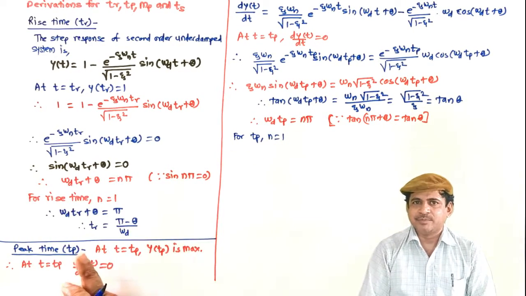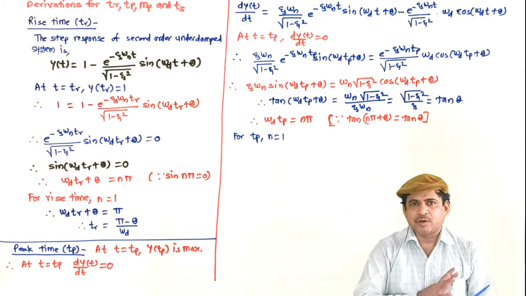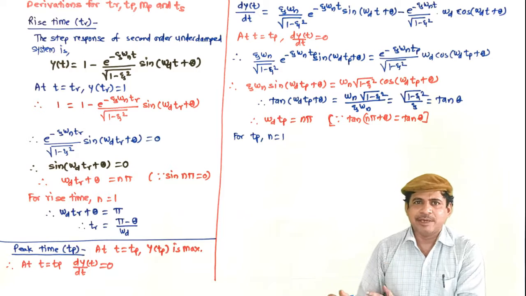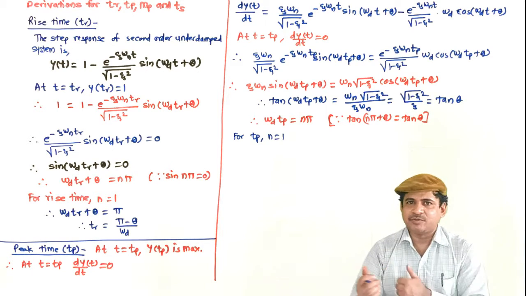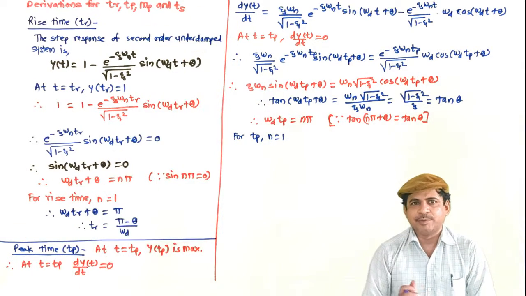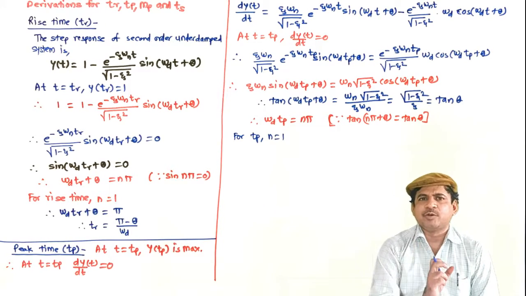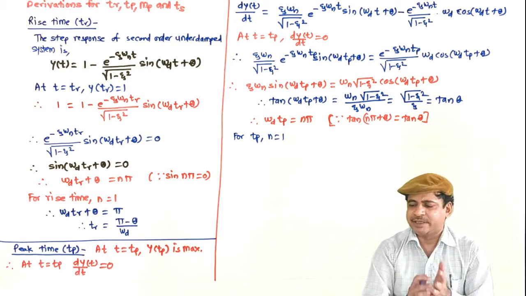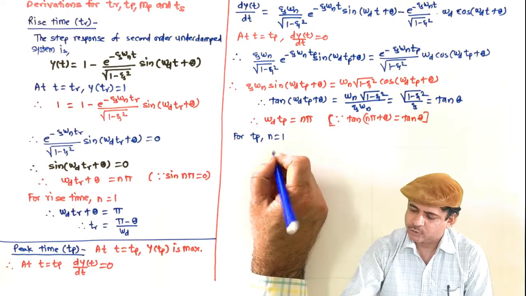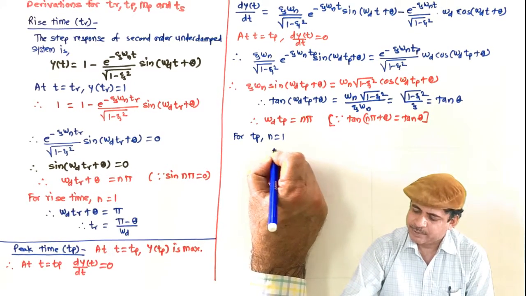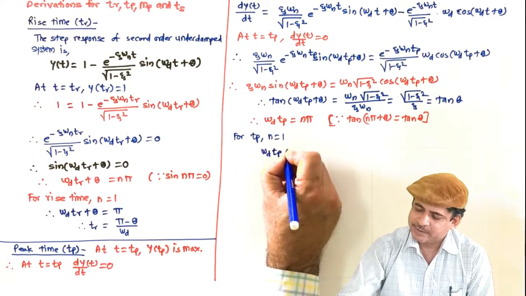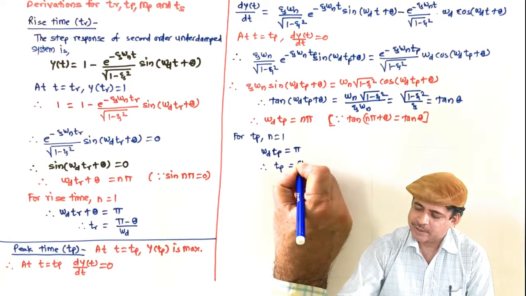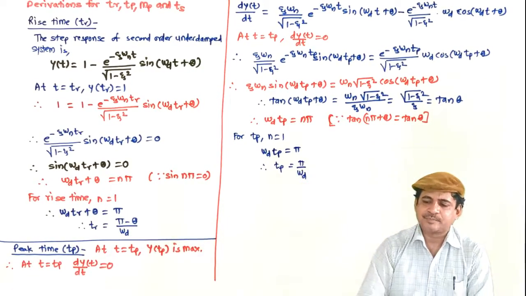This local maxima will occur a number of times. At the local minimas also, the derivative will be zero. But at the peak overshoot, it is the first instance that it is achieving the maximum, hence n is equal to 1. And so omega d Tp is equal to pi. So Tp is equal to pi by omega d.